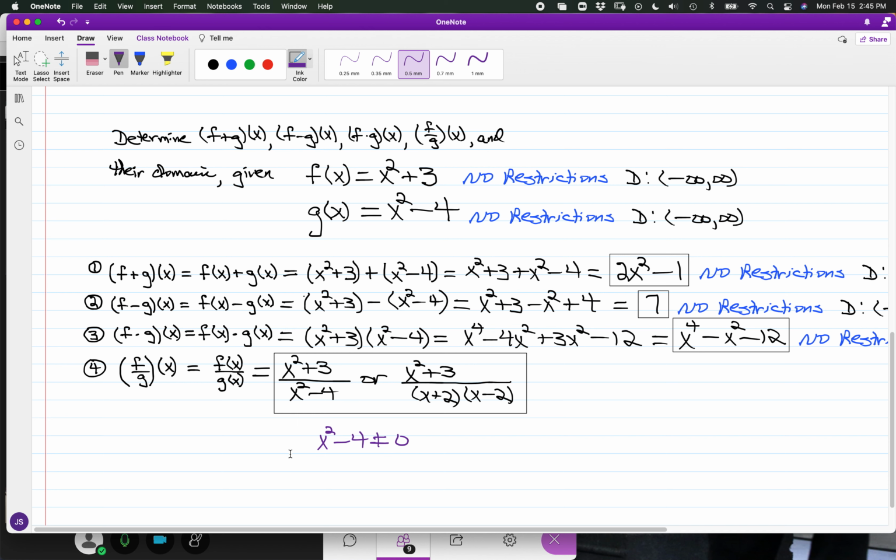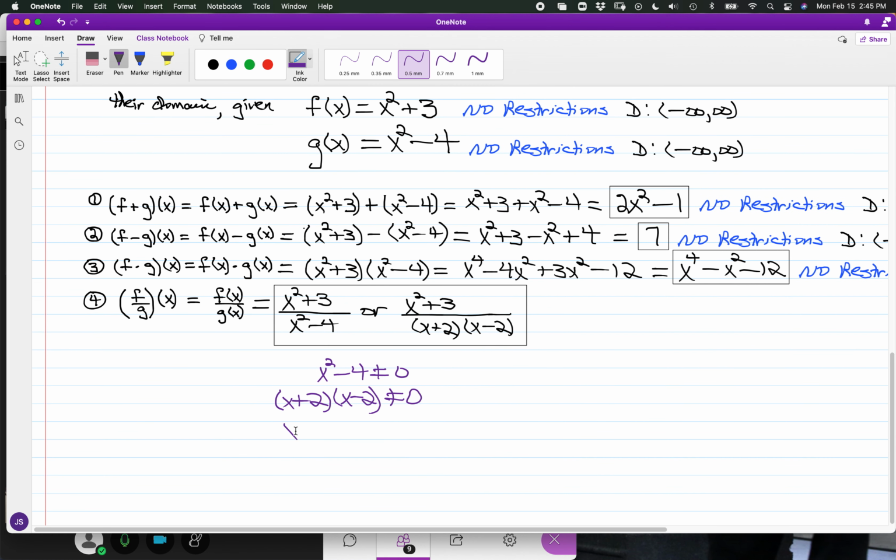If x squared minus 4 cannot be 0, neither can the factors. If x plus 2 cannot be 0, then x cannot be equal to negative 2. And if x minus 2 cannot be 0 in value, then x cannot be 2.